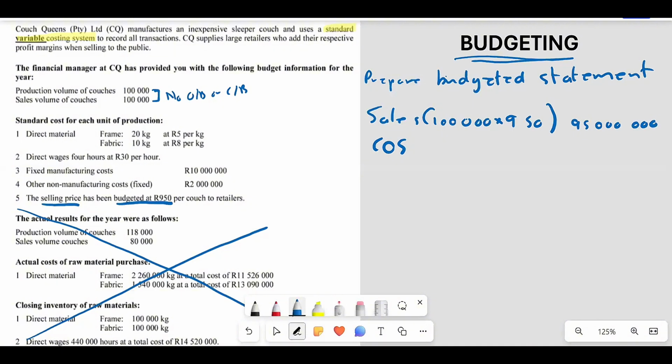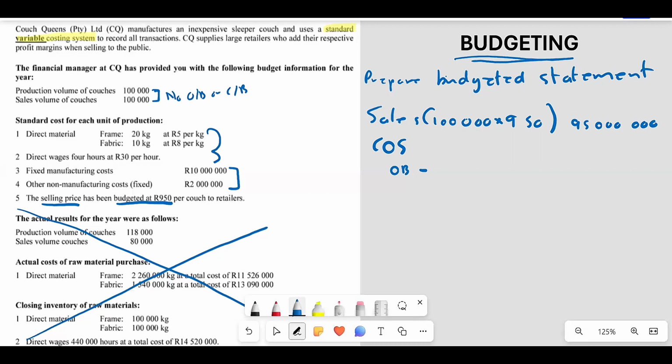We don't have any opening balance, but we do have material and wages, and these are direct costs. So these will form part of the cost of sales calculation, and the fixed costs will not. Now we know that a frame requires 20 kg and 1 kg is 5 rand.